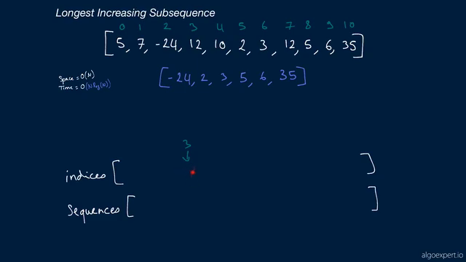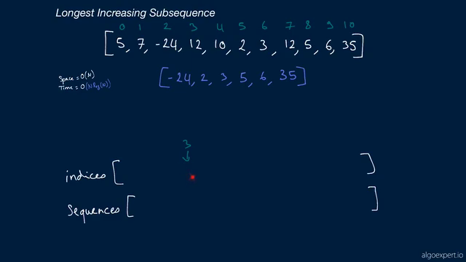Here, we're going to store the index of the number in our input array that comes at the end of the longest increasing subsequence of length 3. But we're not just storing the index of any number, we're storing the index of the smallest number that can come at the end of a longest increasing subsequence of length 3.